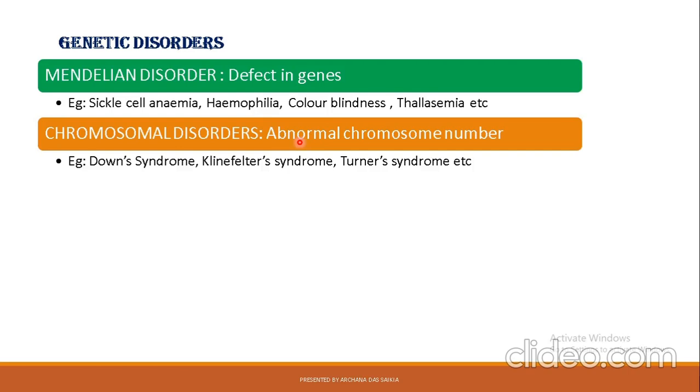In humans, we have 46 chromosomes. If the chromosome number does not turn out to be 46, but it is less by 1, say 45, or more by 1, say 47, then the person will show certain syndromes or symptoms. That will be referred to as chromosomal disorders. The few types are Down syndrome, Klinefelter syndrome, and Turner's syndrome, about which we will be learning in our class.